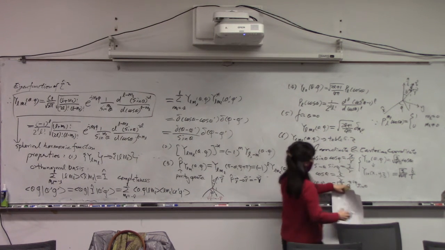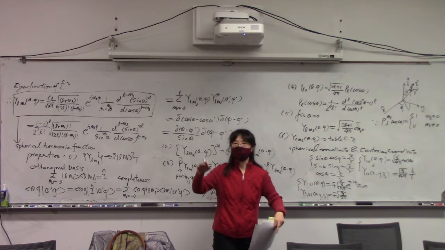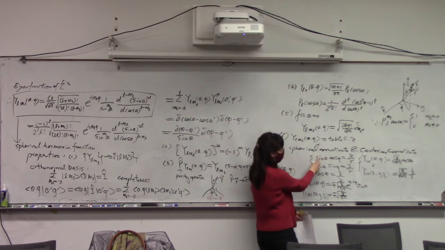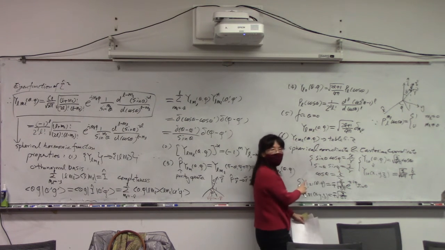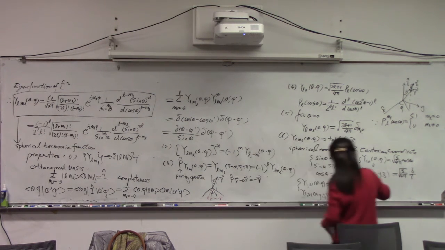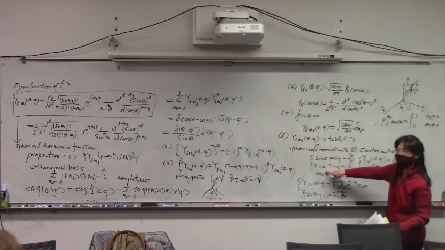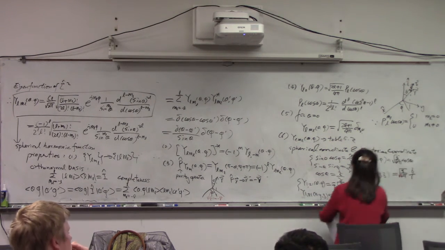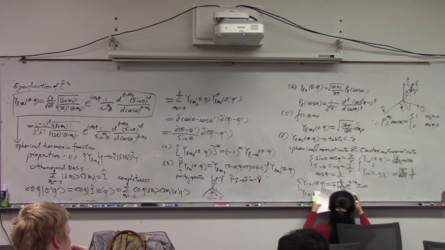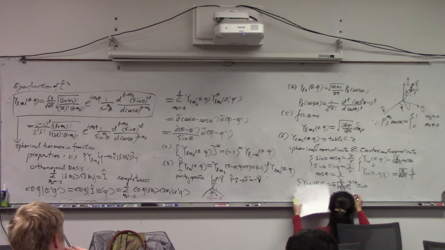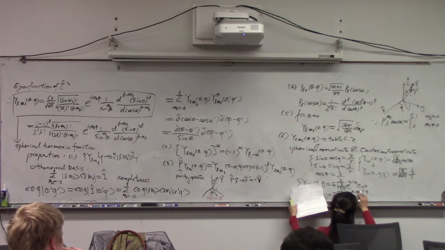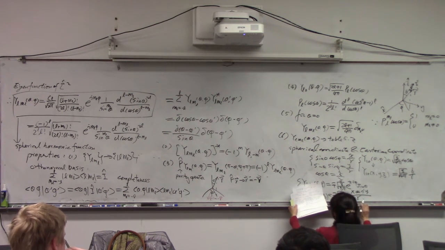This exponential is cosine phi plus or minus i sine phi, and you can see that is either x over r or y over r. The sine theta stays as sine theta. So this is x plus or minus i y over r.